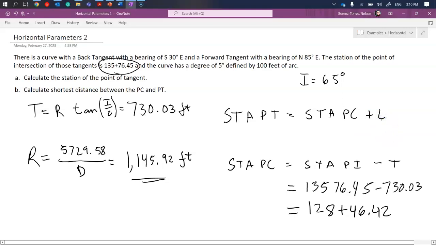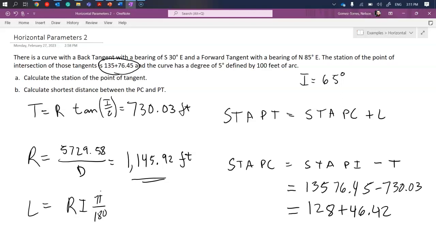Let's calculate L then. If we follow the formula, it will be R I pi over 180. So let's calculate that. We have R, we have I, obviously we know pi.